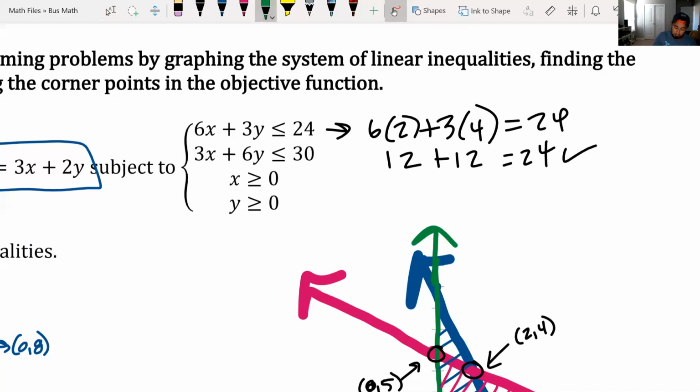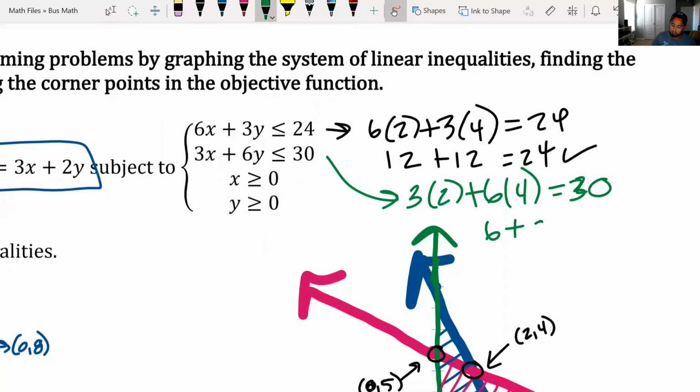But then, let me plug it into this one. 3 times 2 plus 6 times 4 gives me 6 plus 24, equal to 30.